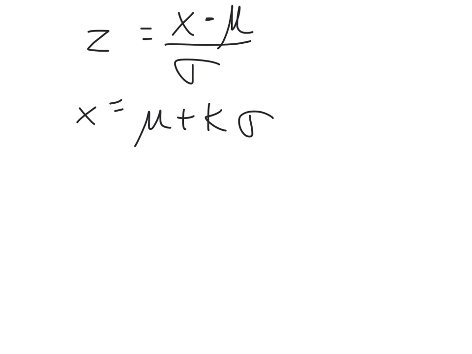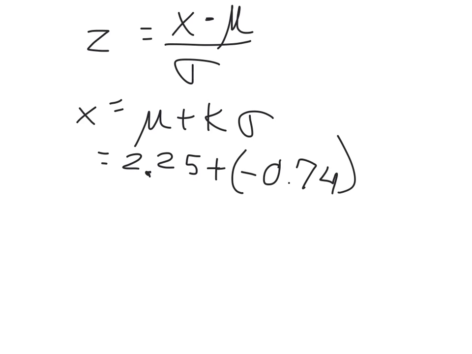Nothing wrong with that. So we found the z, let's go back to problem 1. We found the z of minus 0.74. So we were given the value of 2.25 in the problem. We found z of minus 0.74 times sigma of 0.15.